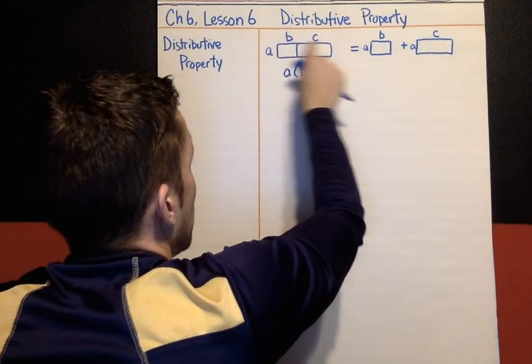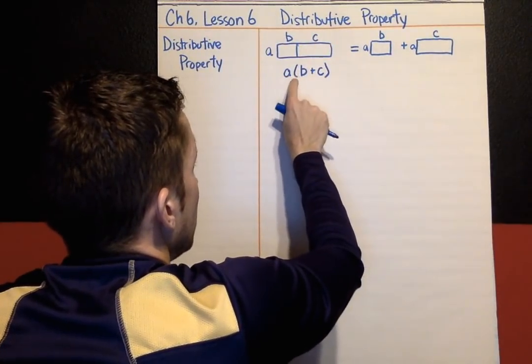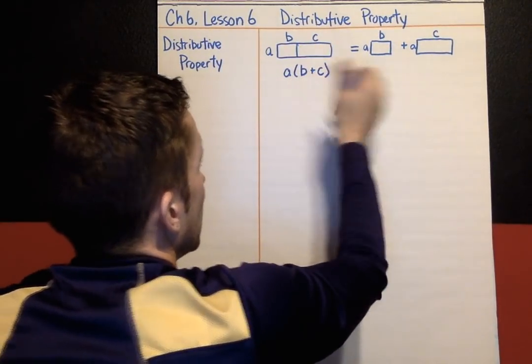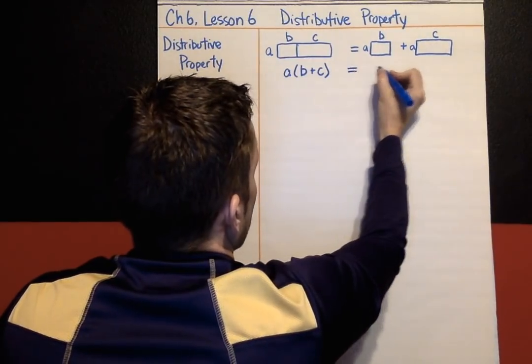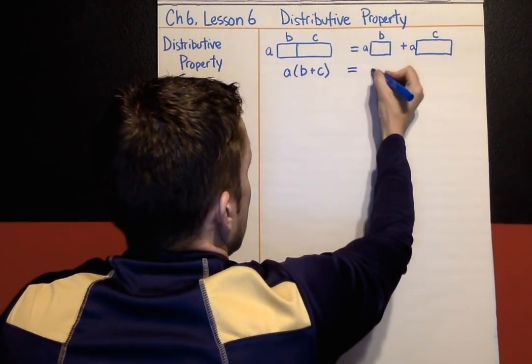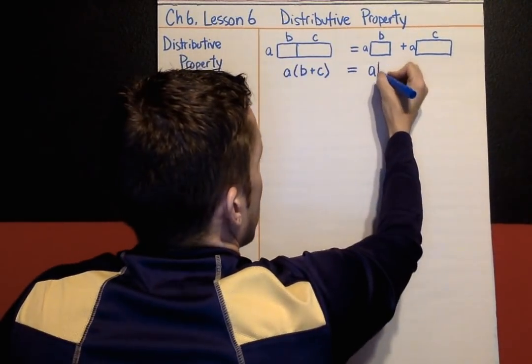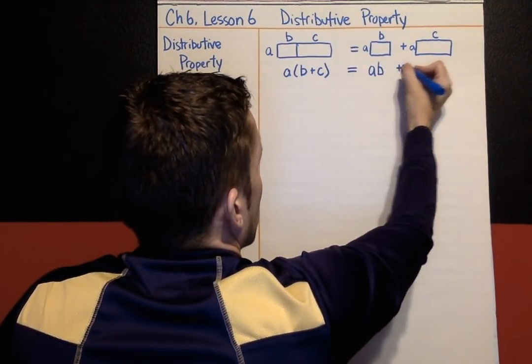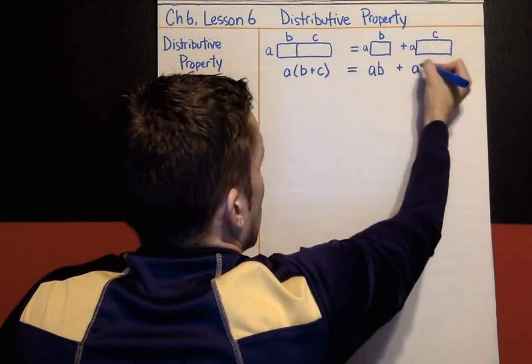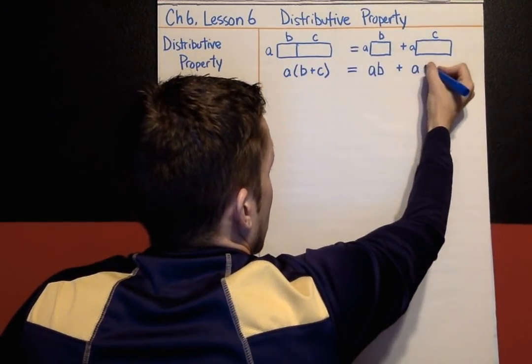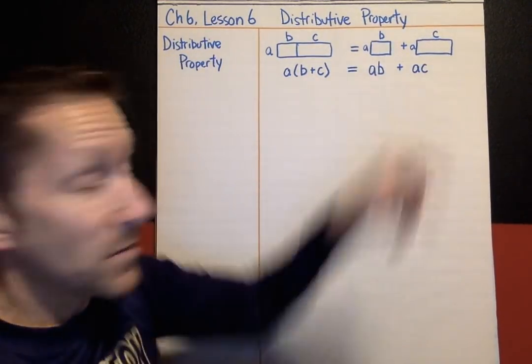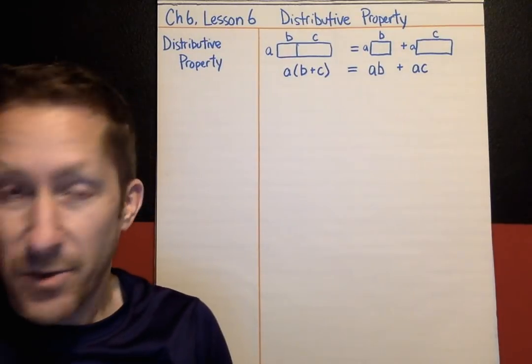This multiplied by this, A times B plus C put together, can be rewritten as A times B, remember 2 variables right next to each other means they're being multiplied, plus A times C. So this right here is the distributive property.